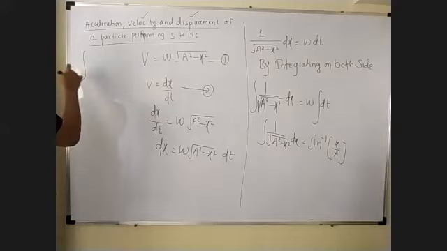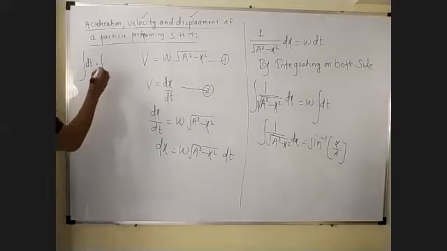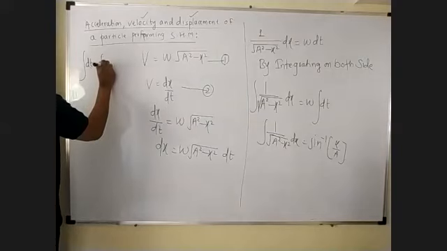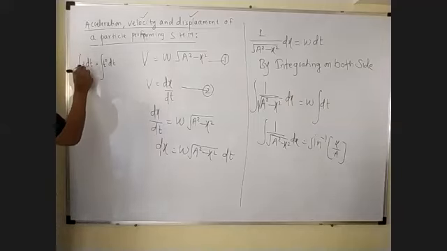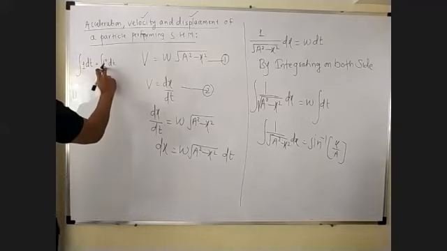What is the integration of dt that we wanted to calculate? Integration of dt will be equal to t raised to 0 with respect to t, because nothing is multiplied, that means we can multiply by 1, and 1 is t raised to 0.